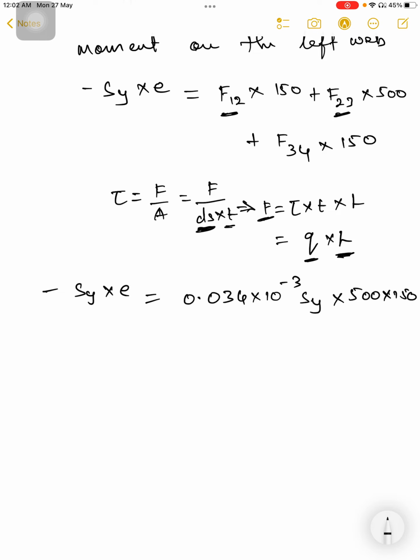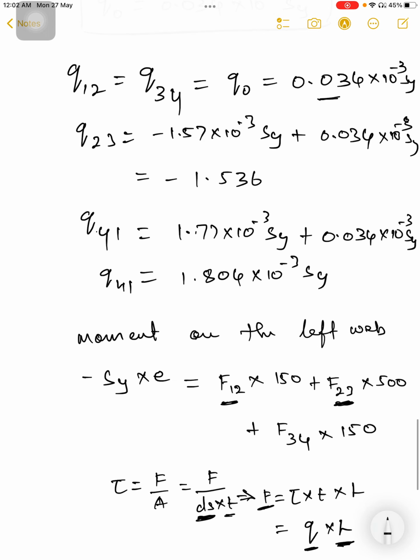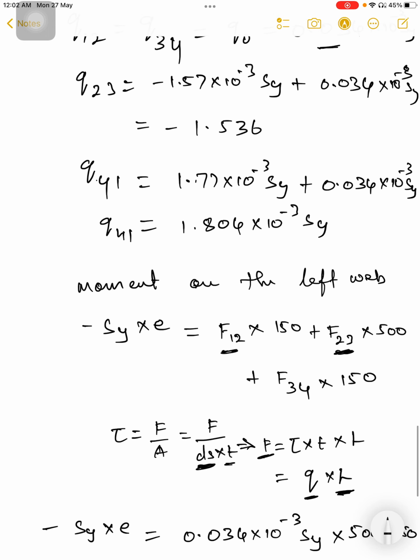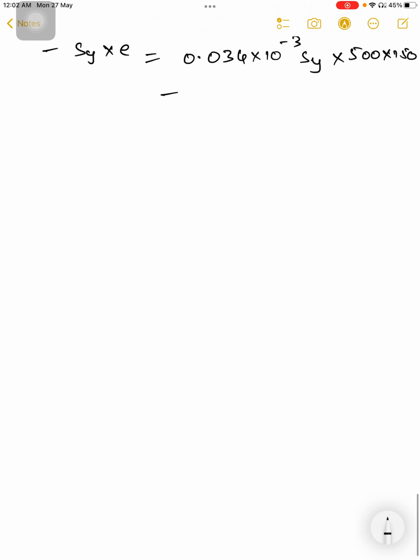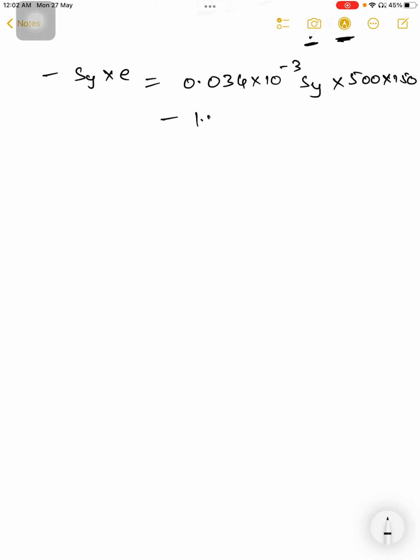Next F23, it is minus 1.536 into 10 power minus 3 SY. The shear length is 300, distance is 500.